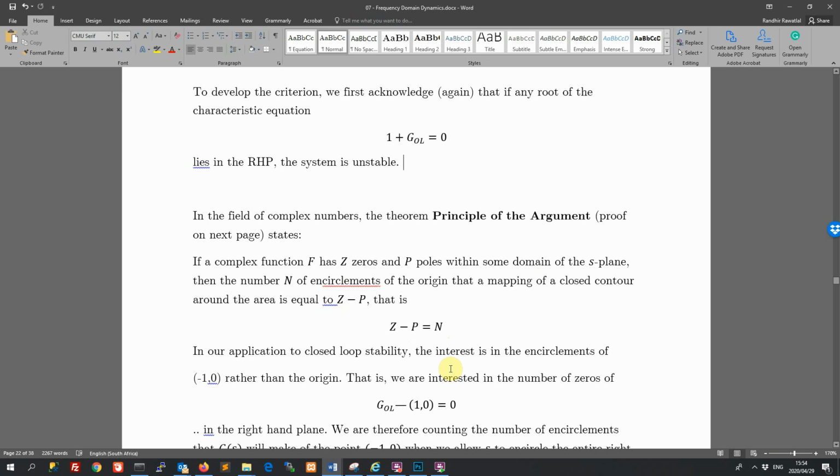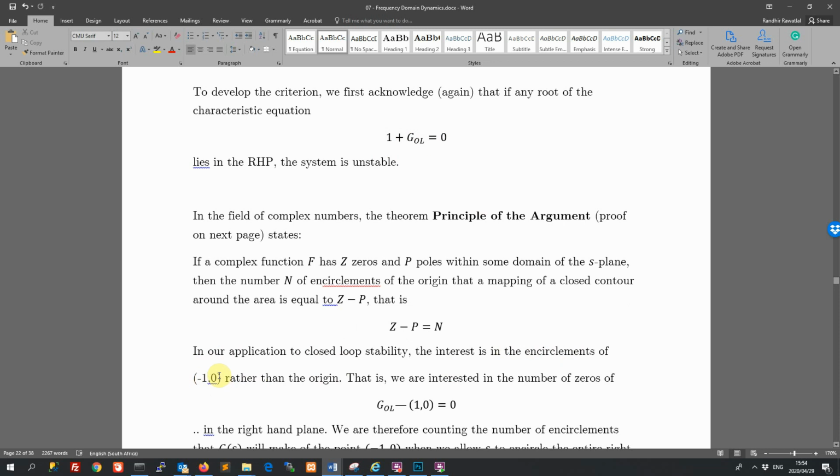And now in our application, we are dealing with the function 1 plus G open loop. So in our case, our interest is in the number of times we encircle minus 1, 0. So rather than the origin, we are worried about wrapping around minus 1, 0.